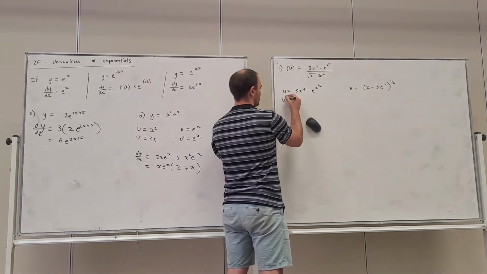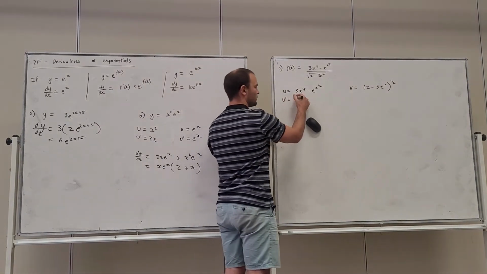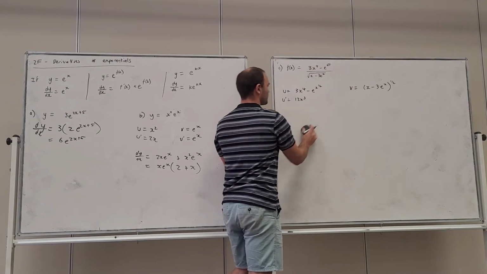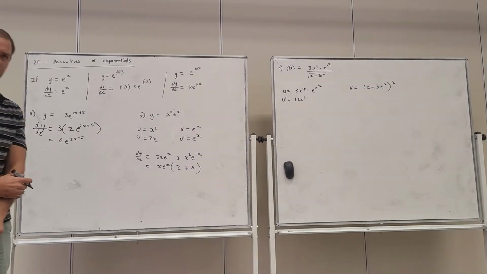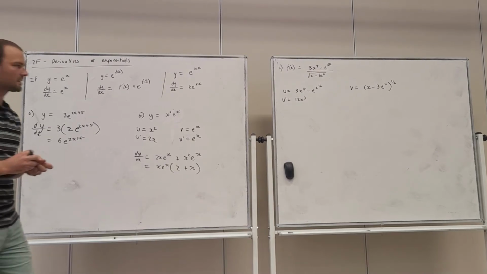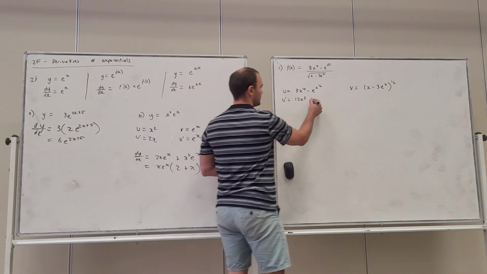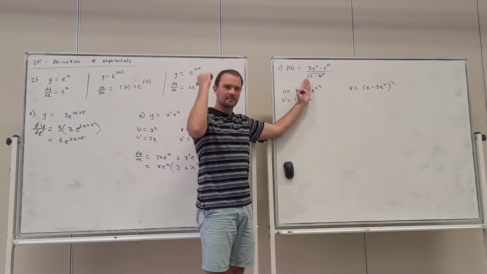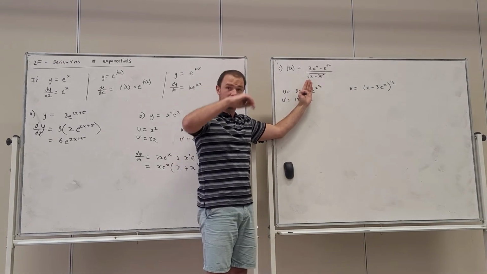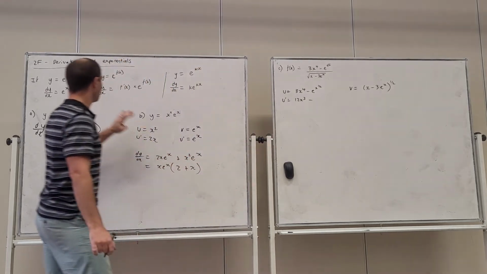Right. These, what we have at the bottom, expressed with the power of a half. Okay, u dash. This part is going to be 12x to the 3. All right, 3 times 4 gives us 12, and then that power changes from 4 to 3. Now we're going to have to watch this next one carefully. I'll put the negative down first, and we can see we have e to the x to the half. Okay, so it's not e to the x, so that means we're not using this rule.